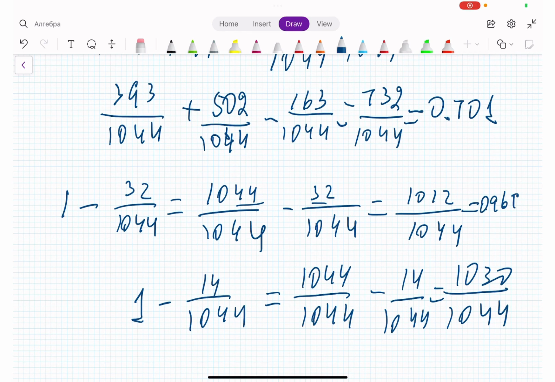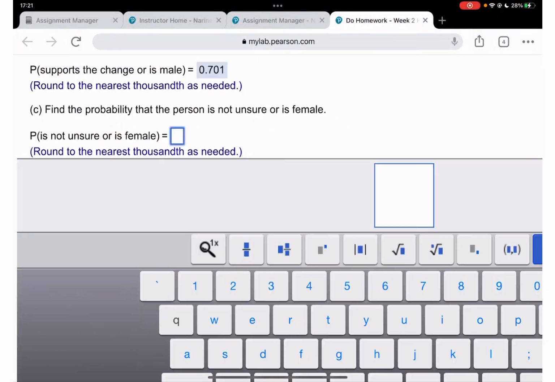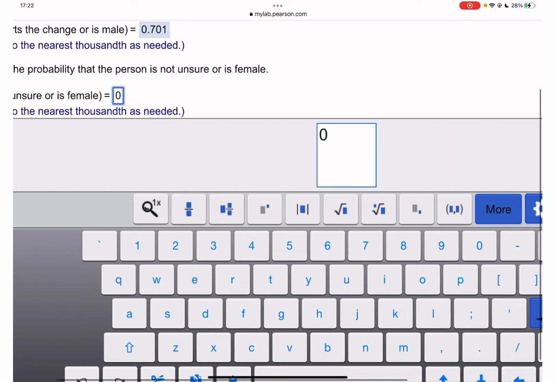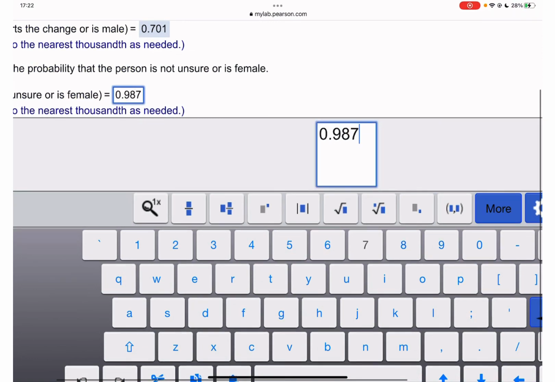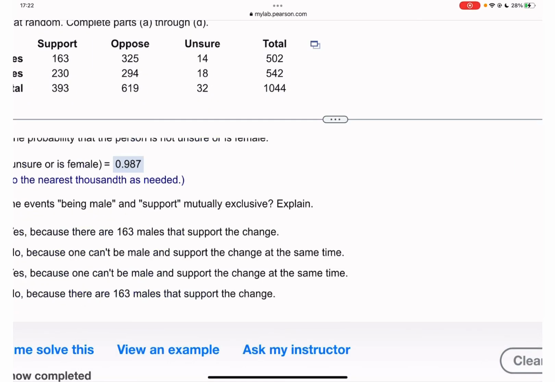Dividing 1030 by 1044, we are getting 0.987. Let me put in the answer, 0.987. Okay, bingo.